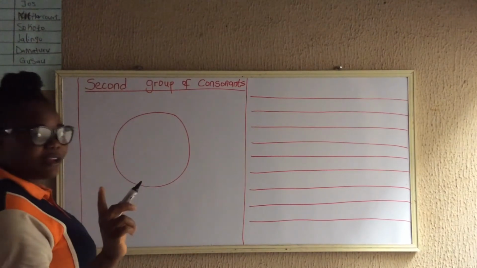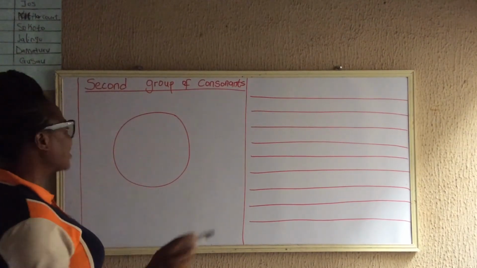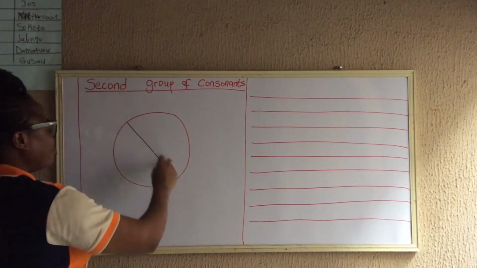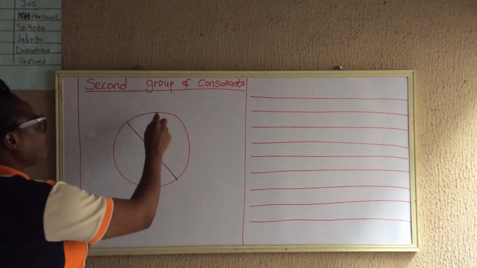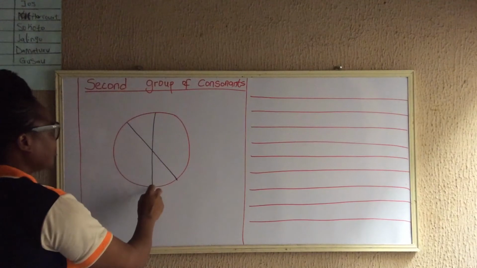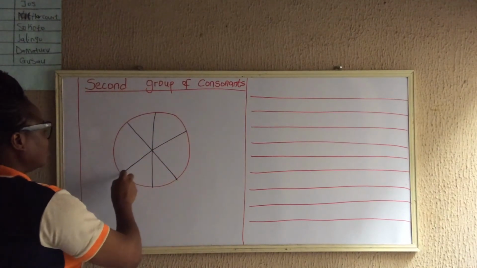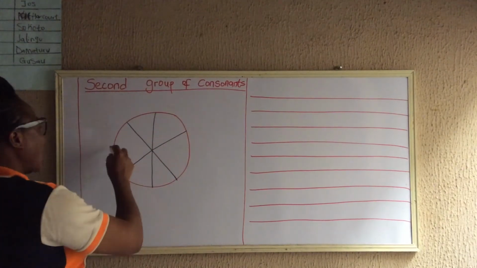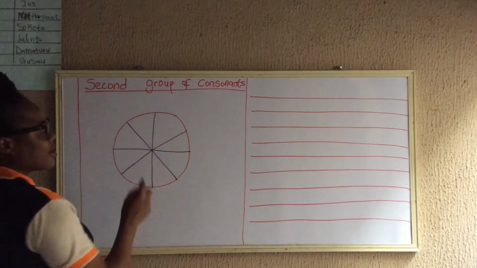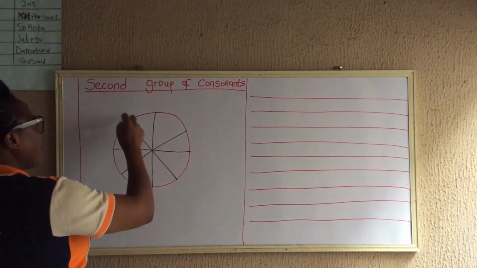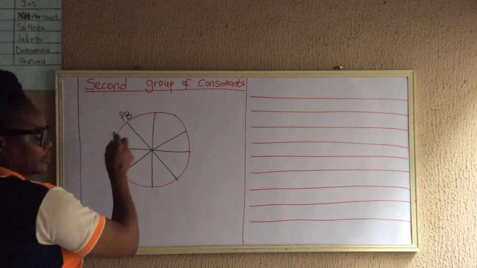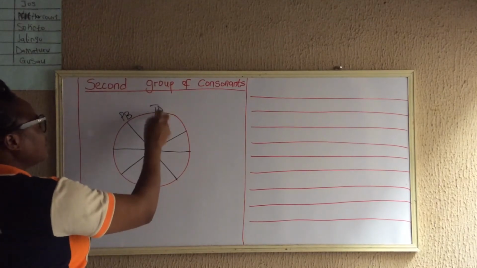I go back to my first 6 consonants: our PB, don't forget, the TD, CJ, and then KG.